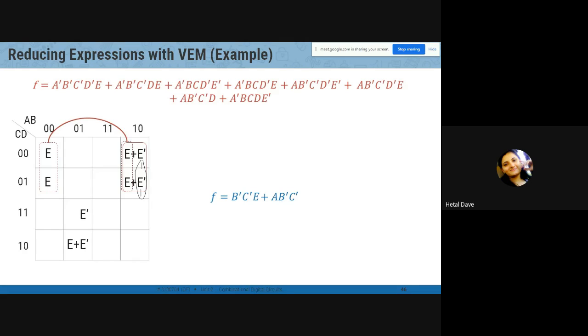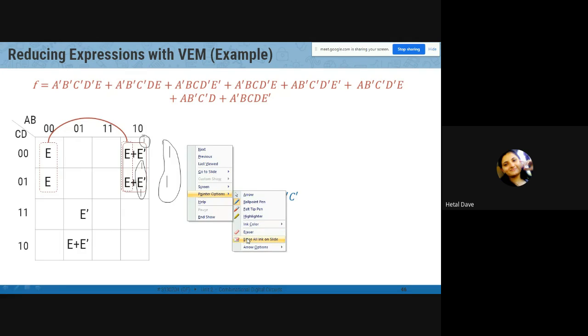But the value of E or E dash is 1, so we are making one group. So E will always be covered with a normal term, and E dash will always be covered with a dash term. Right now we are not making a group of E or E bar, but actually we are going to place 1 first, since E or E bar is 1, and then this group is made.